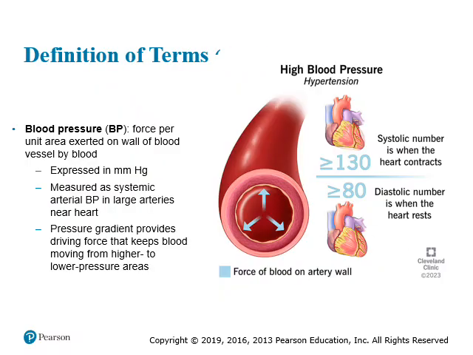Blood pressure, on the other hand, is a force per unit area that is exerted on the wall of a blood vessel by the blood itself. It is expressed in millimeters of mercury and is measured as a systemic arterial blood pressure in large arteries near the heart.